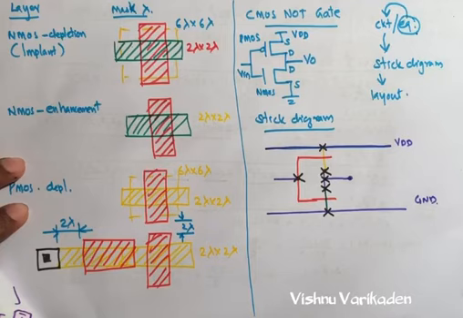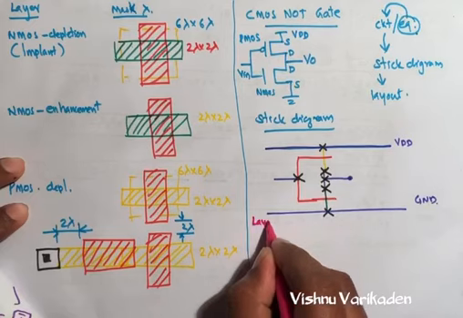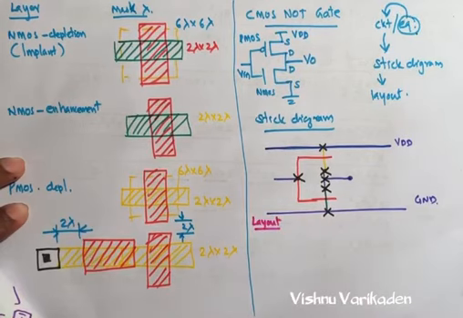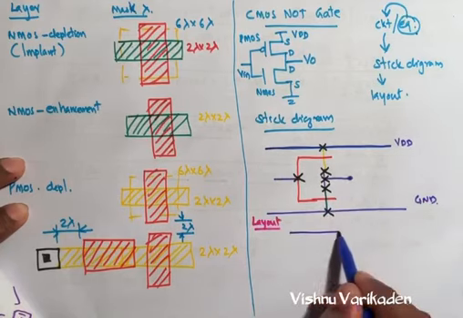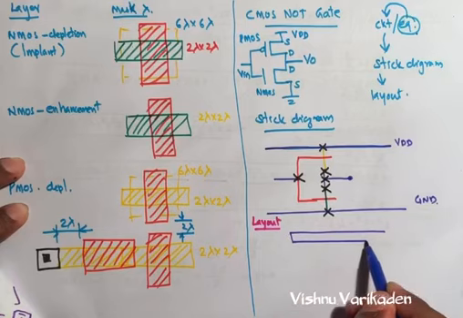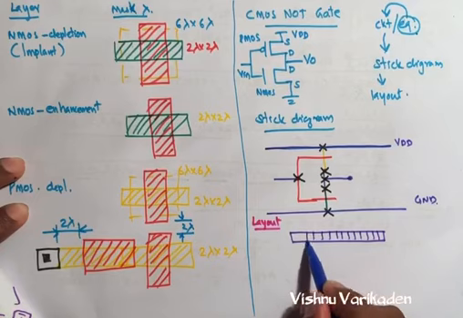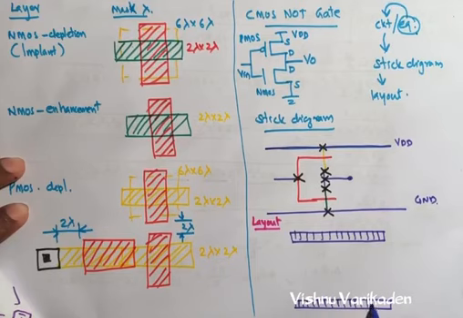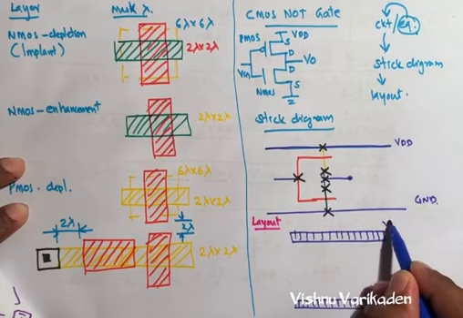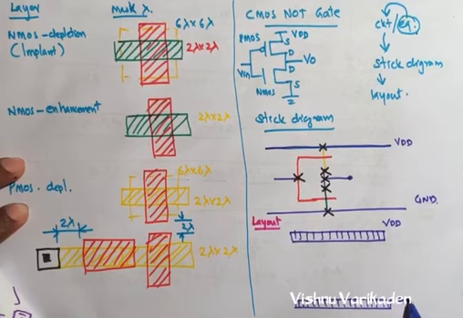Now we can make the layout. In this layout, the first one is metal 1. So this is our metal 1. So metal 1 is like this. So this one is also metal, that is the ground connection. This is VDD, this is ground.